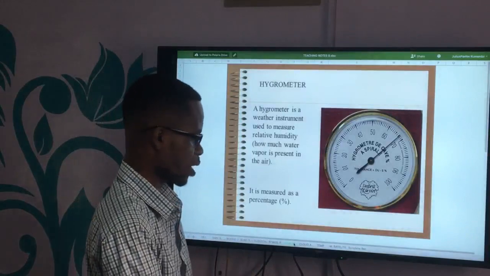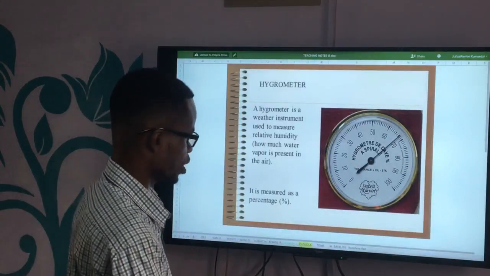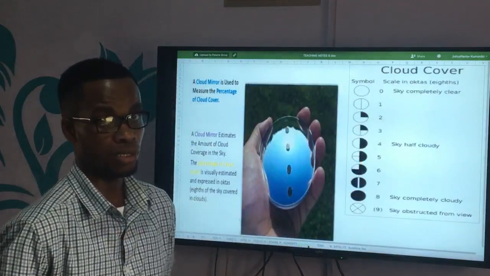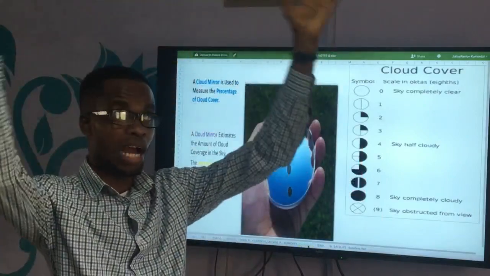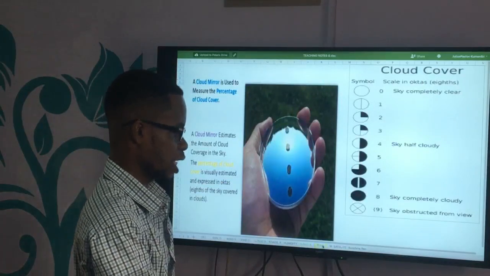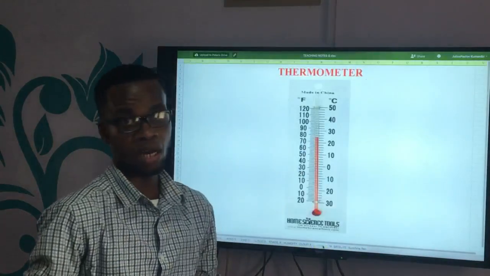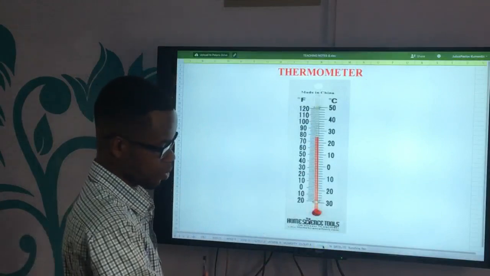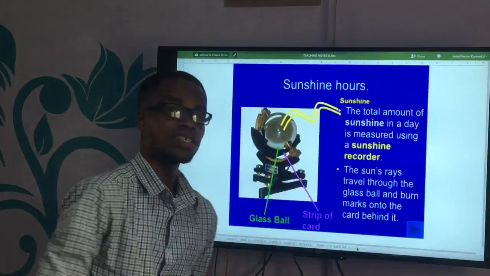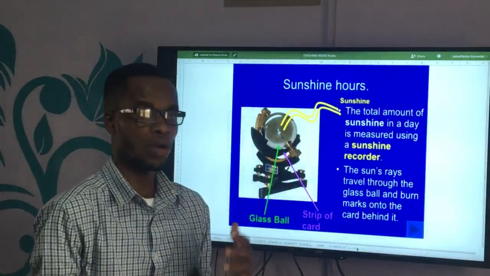So we talked about the hygrometer as an instrument. Then we look at the amount of cloud covering the surface of the sky, and we saw the cloud mirror used for that. We saw the very popular common thermometer. Then we looked at the weather satellite and the sunshine recorder.